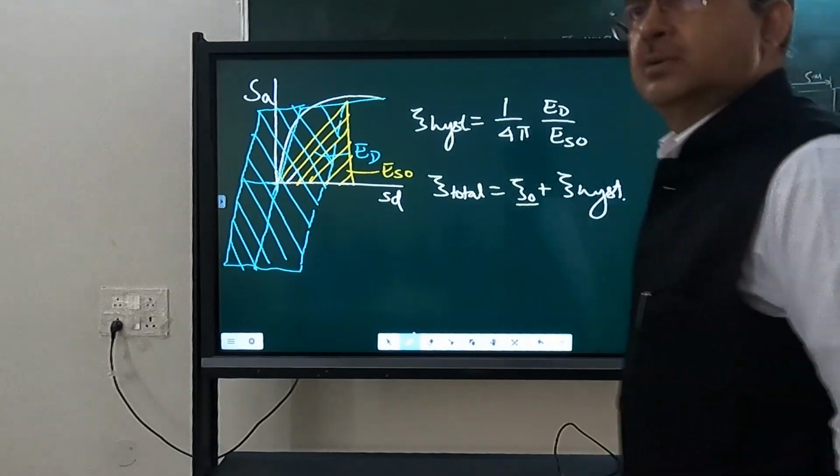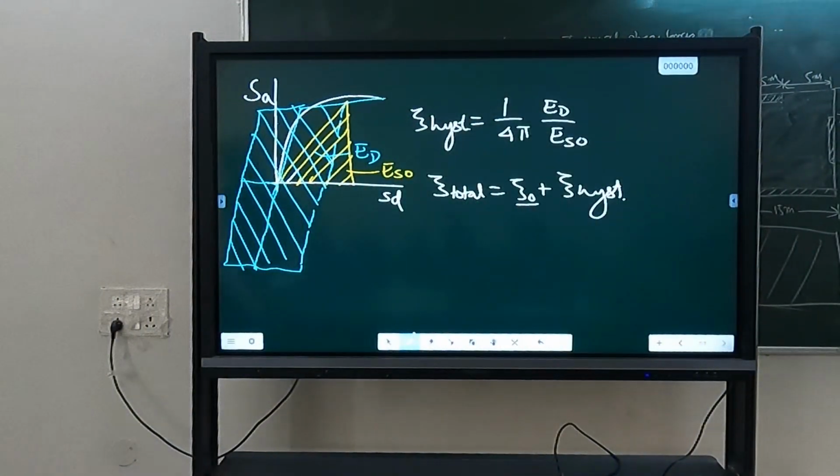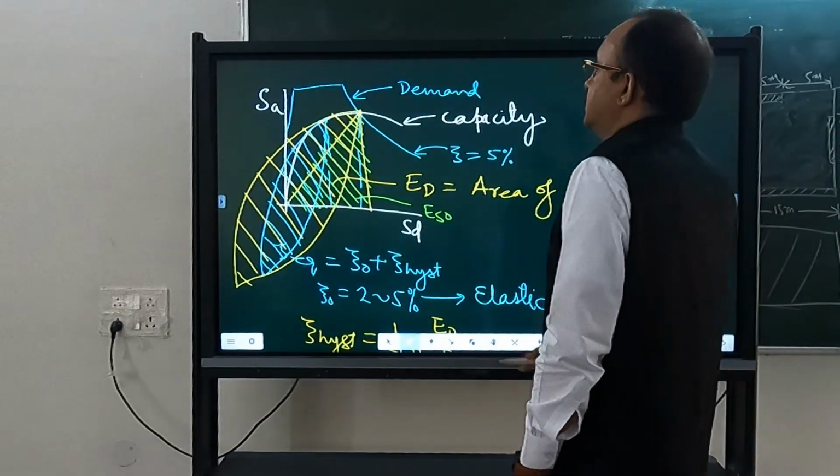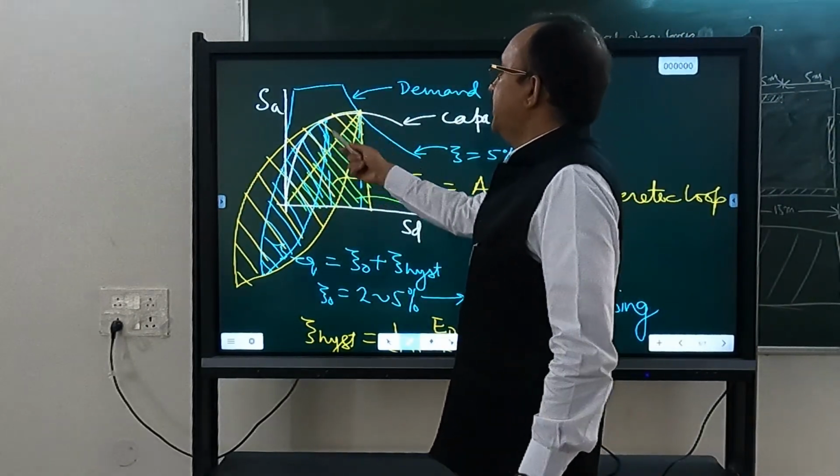Demand and capacity curve, we still cannot compare, because we plotted the demand curve based on that constant equation of xi, but for the capacity the equation is changing. We will discuss that; first I am giving you the issue. One of the issues is that the demand curve has different damping.